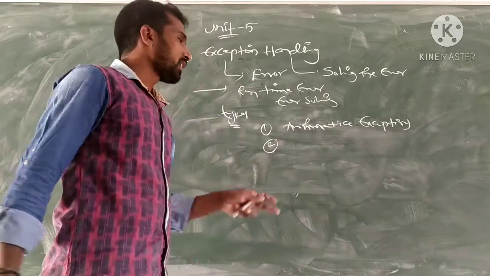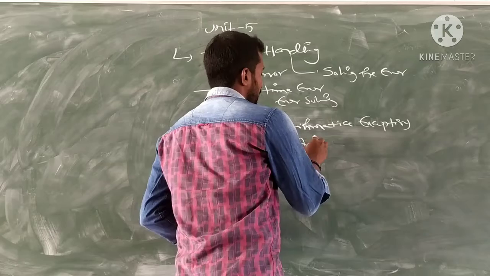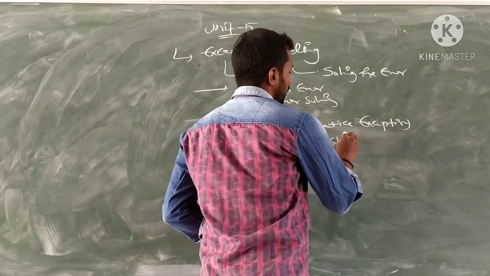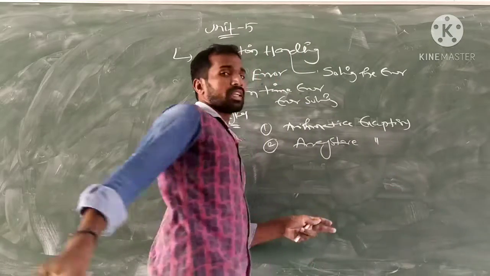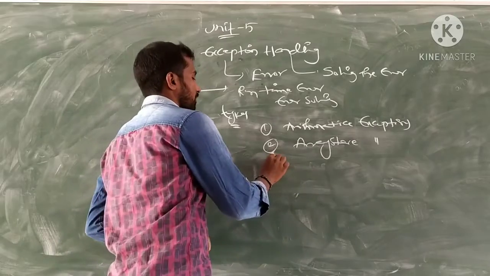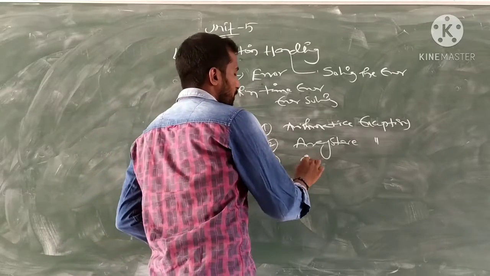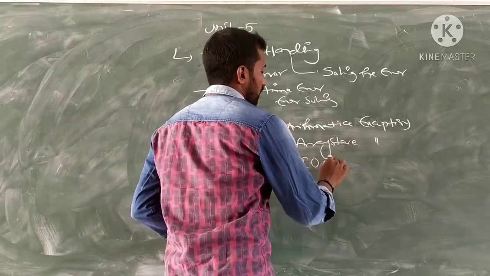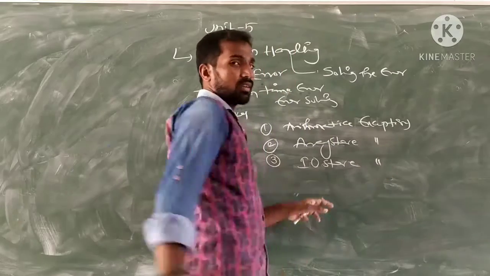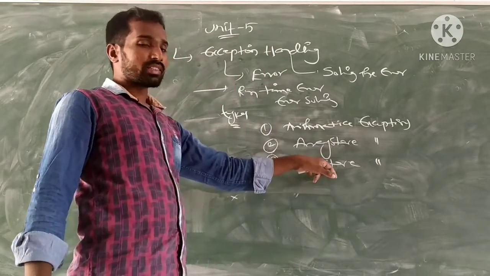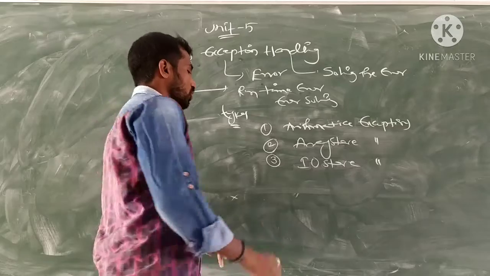The second one is the array store exception. The third one is the input output exception. The error can also occur in the form of input and output.